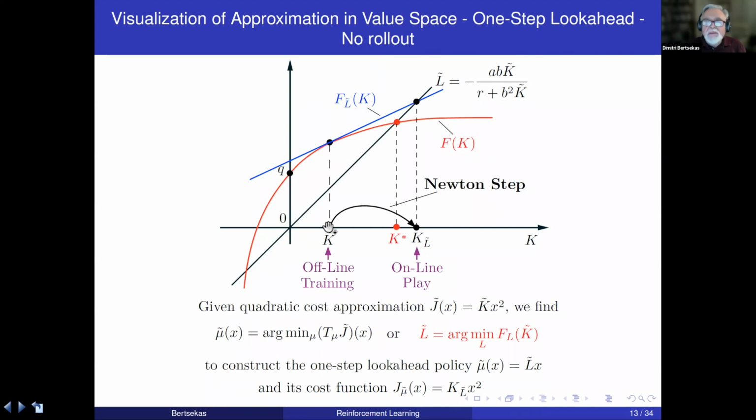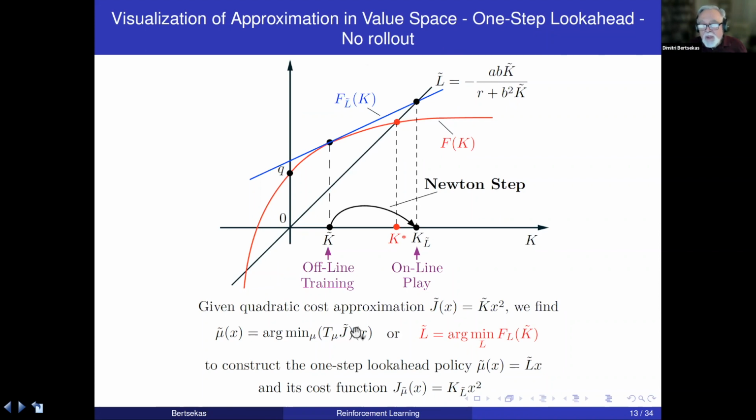This is the look-ahead function, look-ahead cost approximation, what we have called J tilde. It's a quadratic involving a K tilde quadratic coefficient. And what we do here is we minimize in Bellman's equation with the J tilde used as cost function approximation, and we obtain the one-step look-ahead policy without rollout, just one-step look-ahead policy.